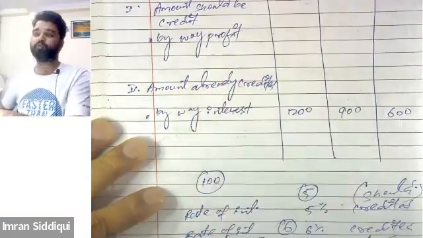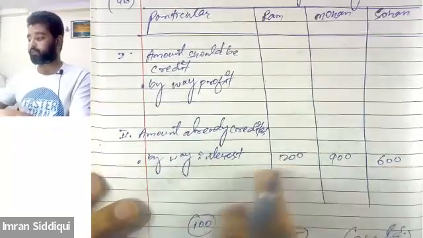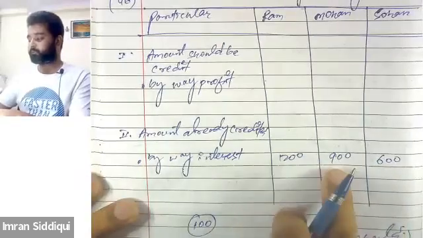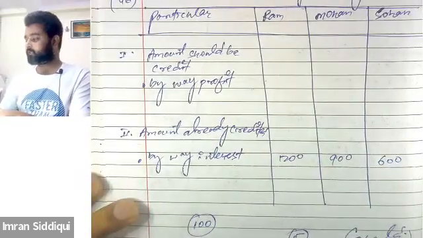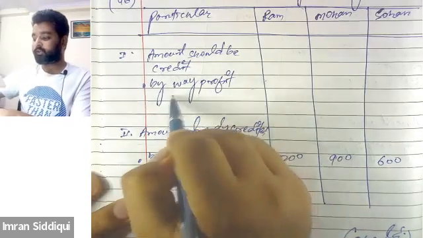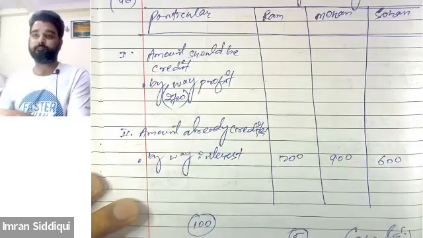So let's total all these values. 1,200 plus 900 plus 600 is 2,700. So this 2,700 should be divided among the partners by way of profit.